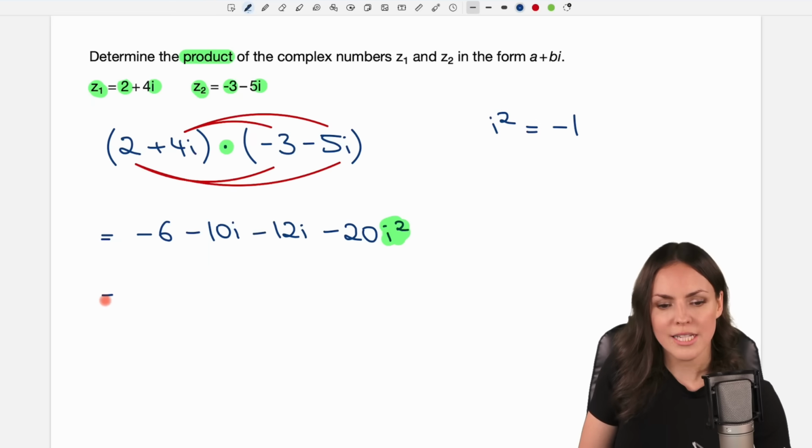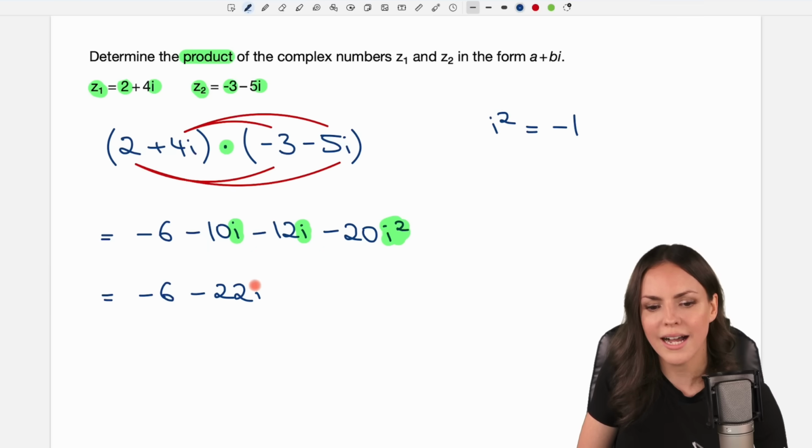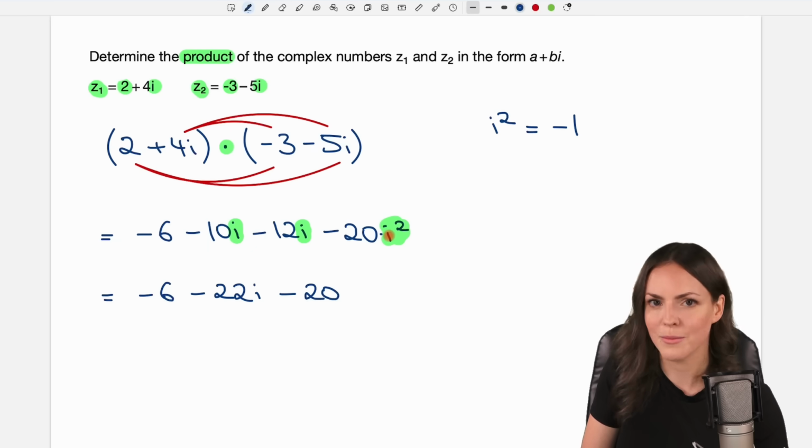So let's do this, but we can simplify some things here as well, because here we have a part with an i and here as well. So we have the negative 6 at the beginning. Negative 10i minus 12i equals negative 22i. Then here we have negative 20 times, and instead of the i squared, because we don't want to have this in our form here, we write a negative 1.